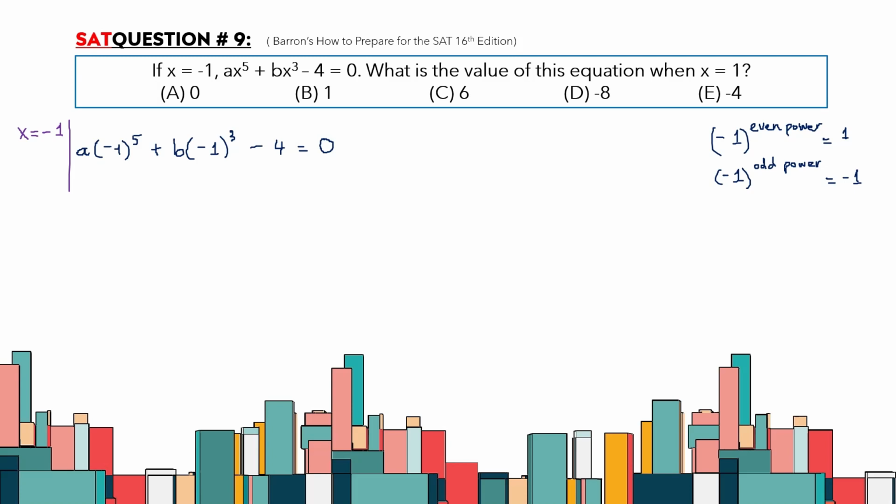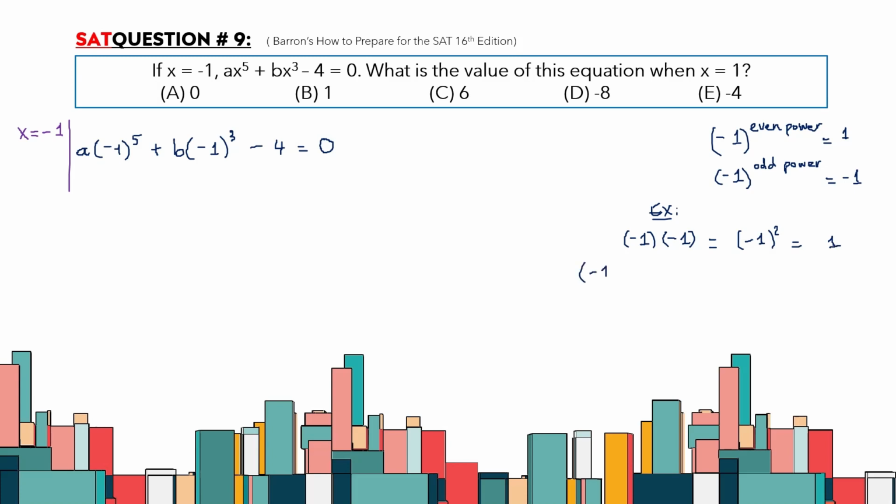For example, if we have -1 times -1, that's equal to -1 squared, and 2 is even, so that will give us 1.